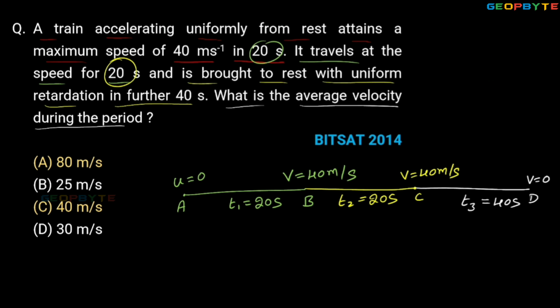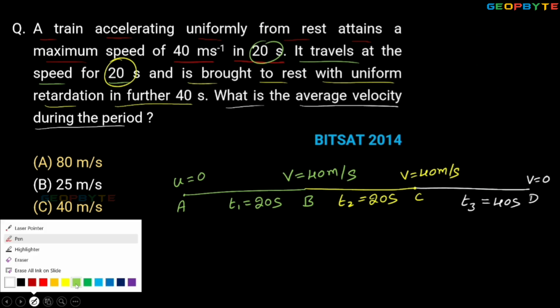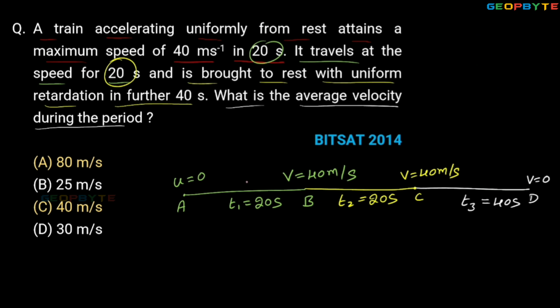Average velocity equal to total distance traveled divided by total time taken. For that, let us assume S1 be the distance from A to B, S2 be the distance from B to C, and S3 be the distance from C to D. Okay.